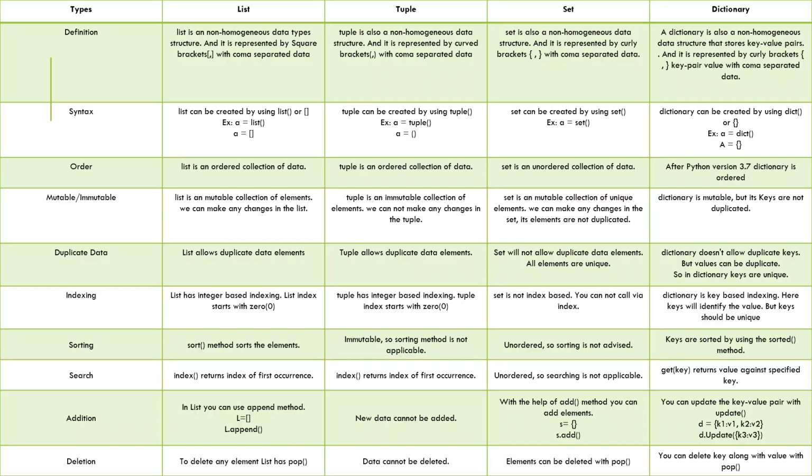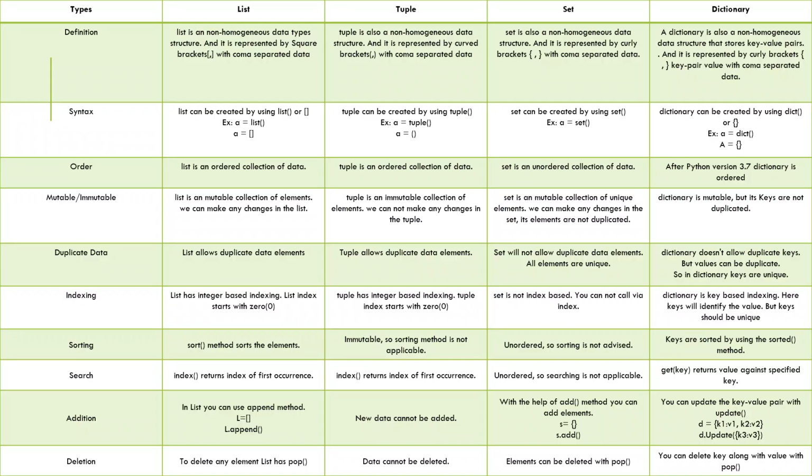So in the addition, the odd man out is tuple. Deletion also, the odd man out is tuple. Once you declare it, data cannot be deleted. And for the remaining three we have pop and popitem, which remove at the last position.